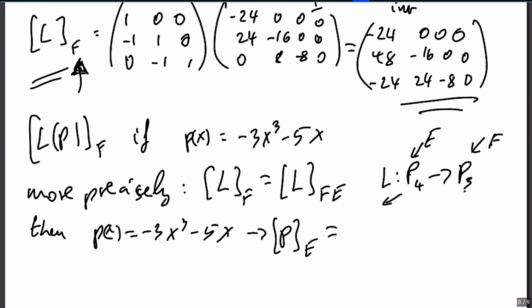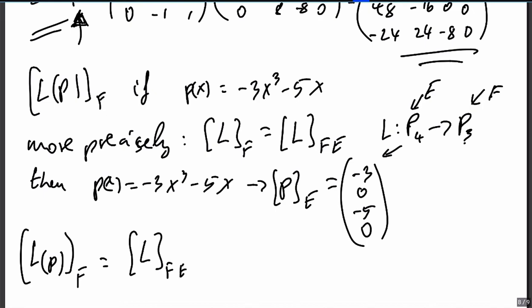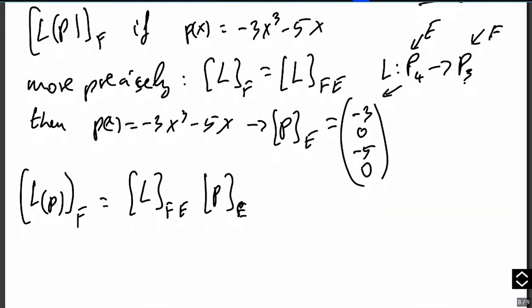So in P4 this is minus 3, 0, minus 5, 0, and then LP in the F basis will be simply the L matrix representation going from E to F basis between P4 and P3 times the representation of P in the E basis, which is simply the matrix multiplication.